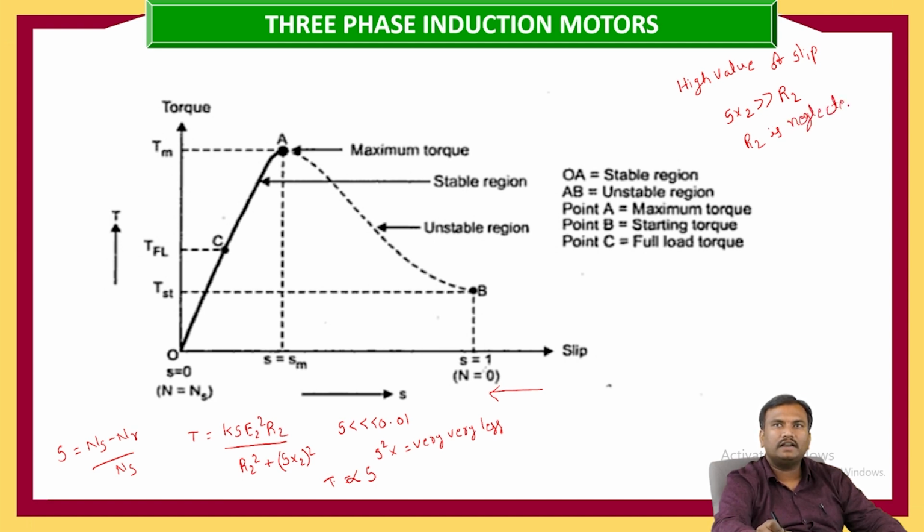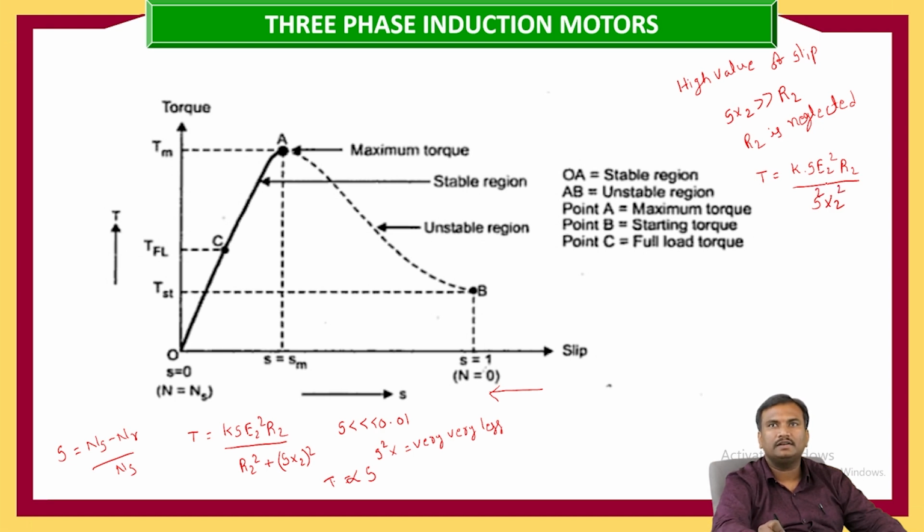When R2 is neglected, our torque equation becomes torque is equal to K into S into E2 square into R2 by (R2 square is neglected) S into (S X2) whole square, that is S square into X2 square.